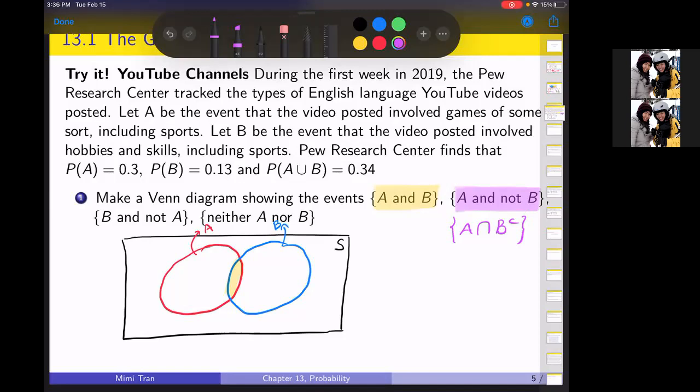All I highlight is the A part without the intersection.